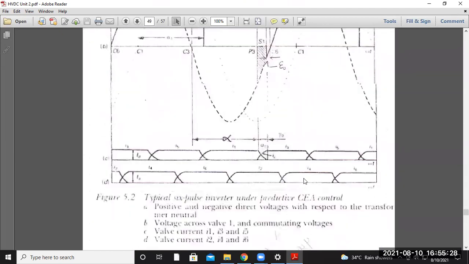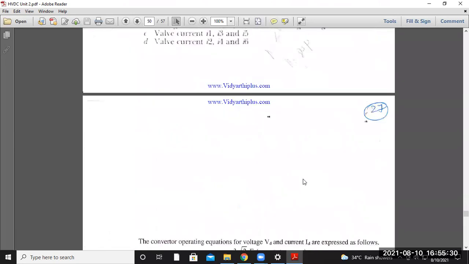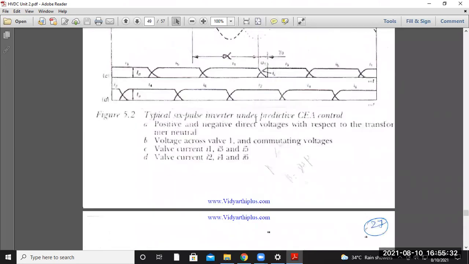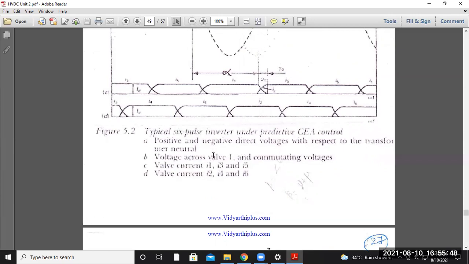So as you can see, it is written typical 6 pulse inverter under predictions, constant ignition angle control, extinction angle control, positive and negative direct voltage with respect to transformer neutral is given, voltage across valve 1 and commutating voltage is given in the upper graph.